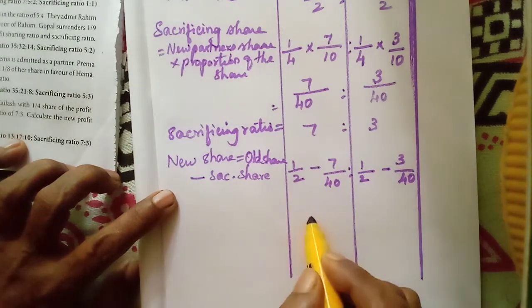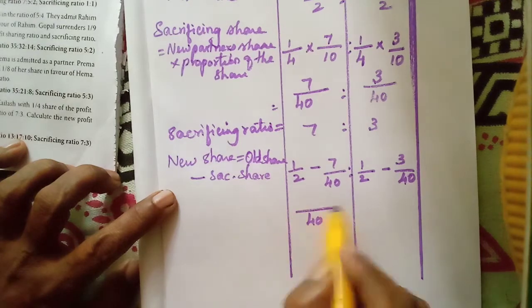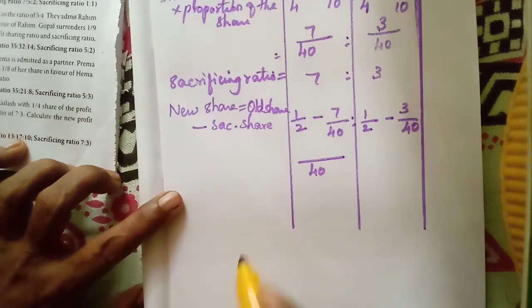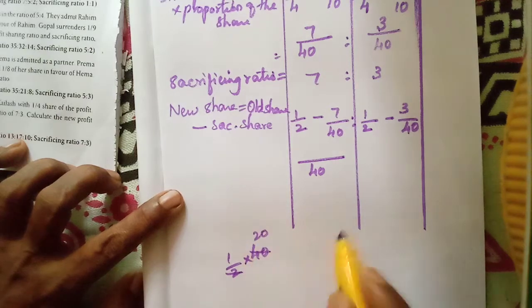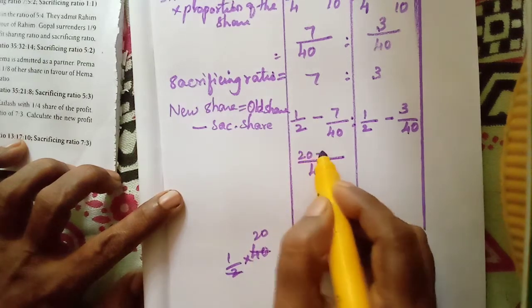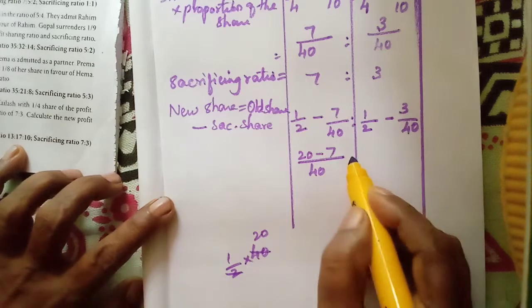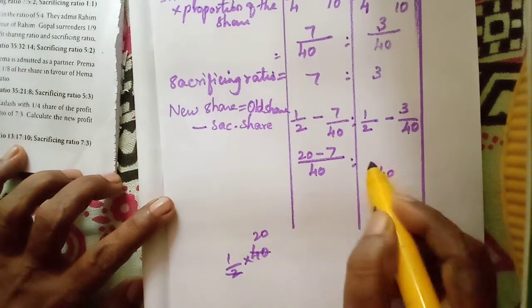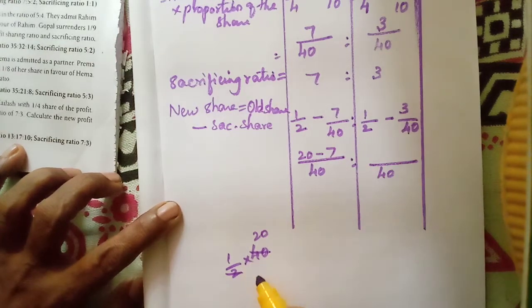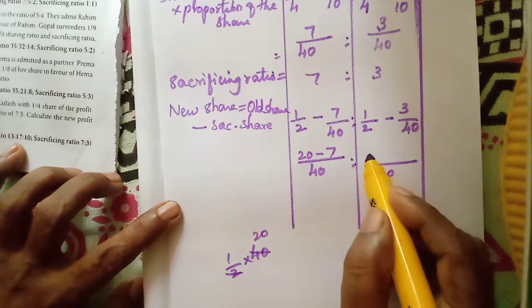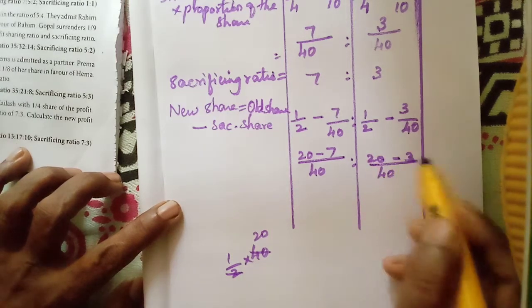So here 40 is the LCM. 1 by 2 into 40, 20, isn't it? 20 minus 7 is to 40. 1 by 2 into 20, 40. So same. 20 minus 3.